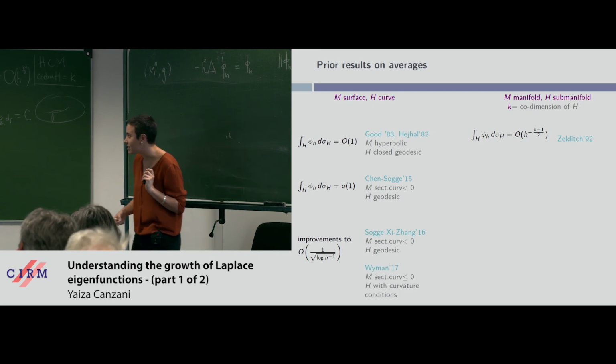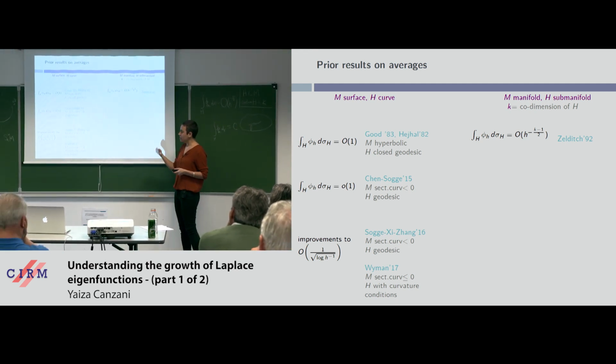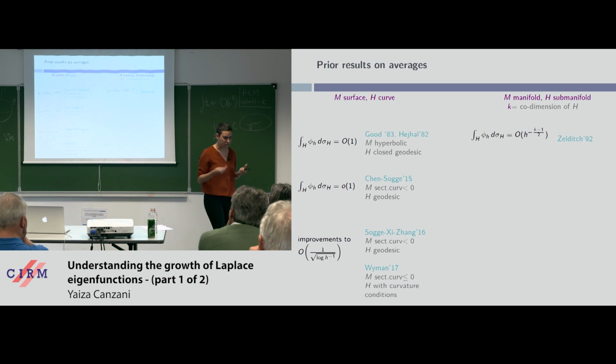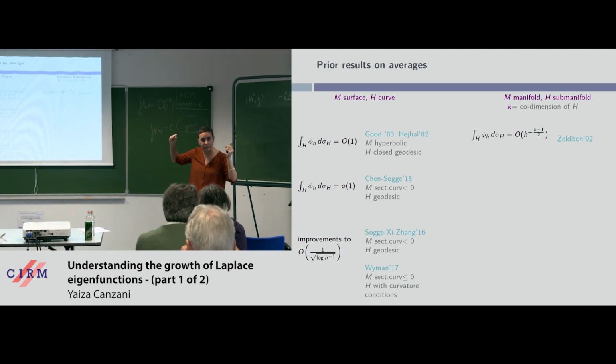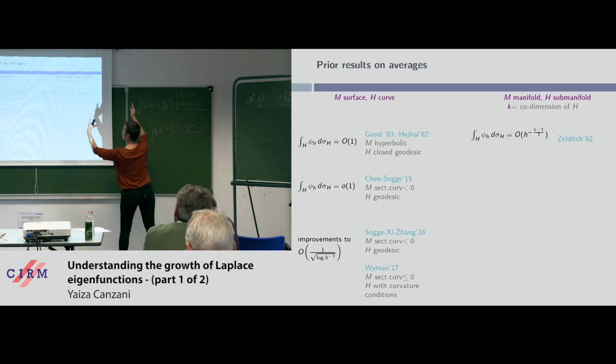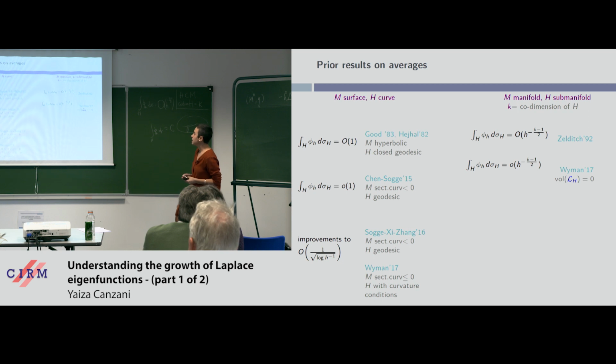Wyman in 2017 proved that if the sectional curvature is non-positive, then you can also get these logarithmic results as long as you impose some curvature conditions on the curve, but I don't want to get into that. I want to look at this side of the slide where you're working on general manifolds. And these are all very recent developments.